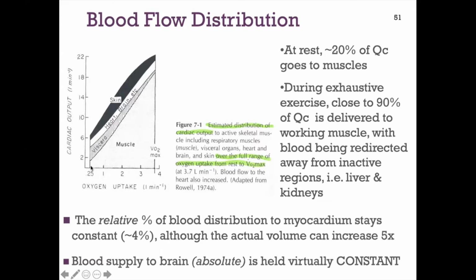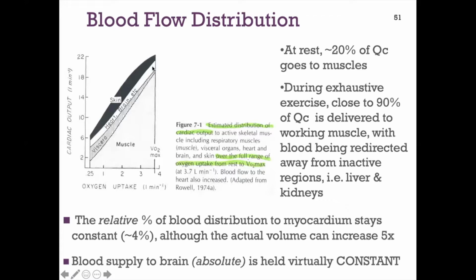Muscle cardiac output goes from this 20% up to about 90%, right? So we get a large increase in how much cardiac output is going to the muscles. To our organs, like our kidneys and our digestive tract and such, that is an actual decrease. We don't need as much going to those areas, right? Because we are not needing to digest our food as we are trying to run away from whatever threat we have.